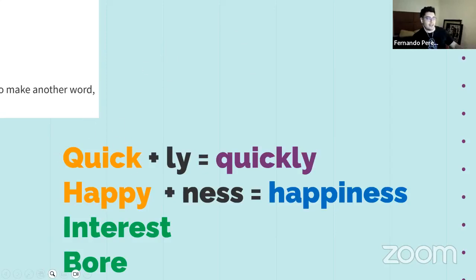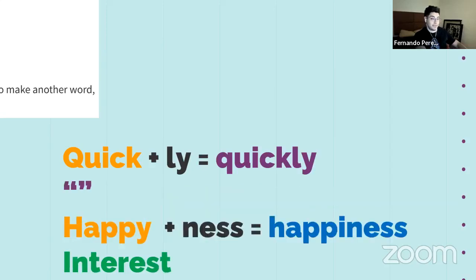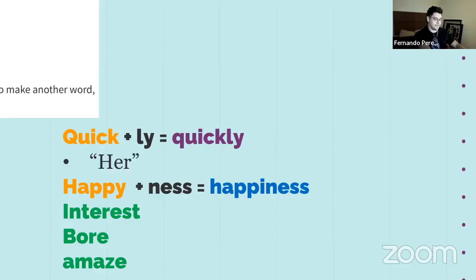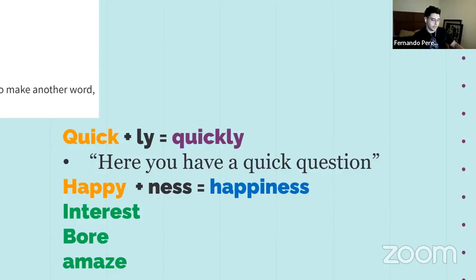And the rules and the examples can be very different from one another. Give me an example with quick. Go, Elsie. Here you have a quick question. Perfect. Using the word quick before a noun.